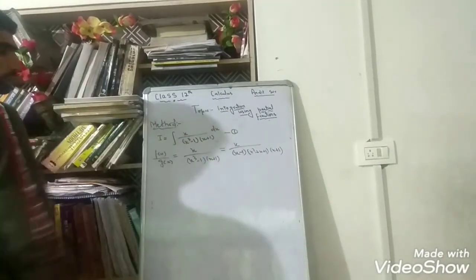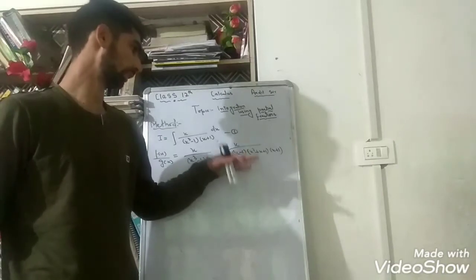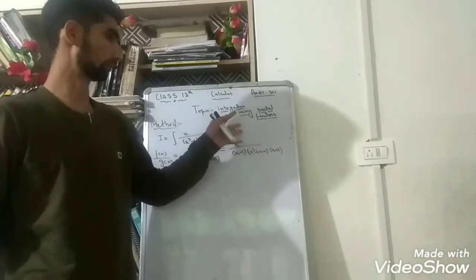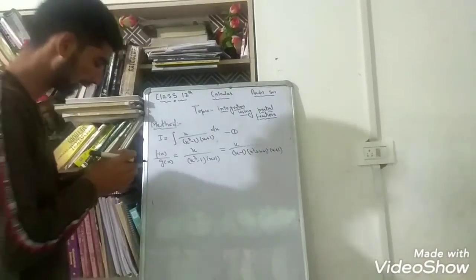So our x is now here, we cannot factorize this because its roots will be in the complex field, but here we are dealing with the rational number real field.